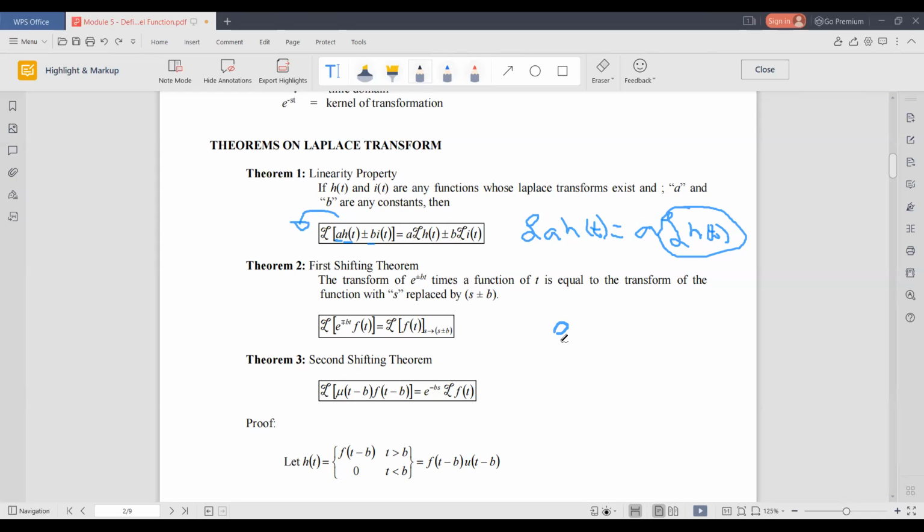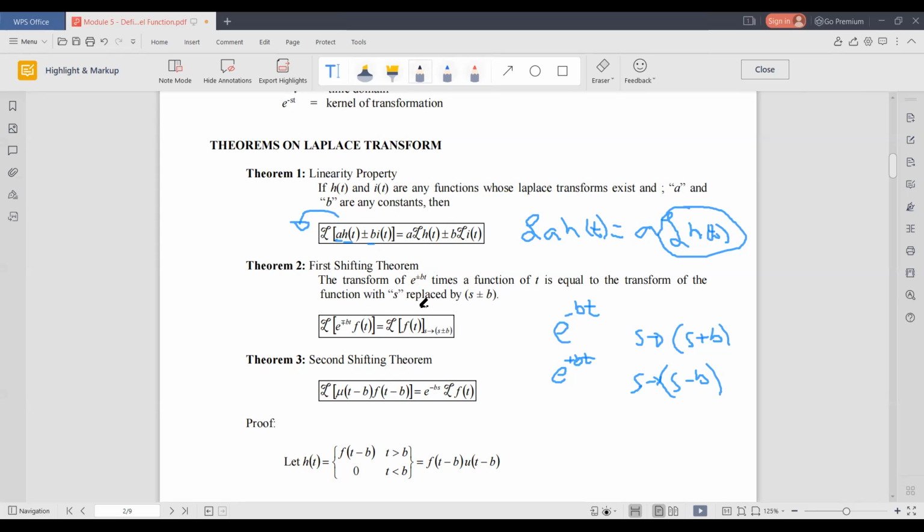So if e raised to negative bt, your s here will be replaced as s approaches s plus b. But in this case, pag positive siya, so e raised to positive bt, then yung s mo dito will approach s minus b. Given naman yung b natin dito.